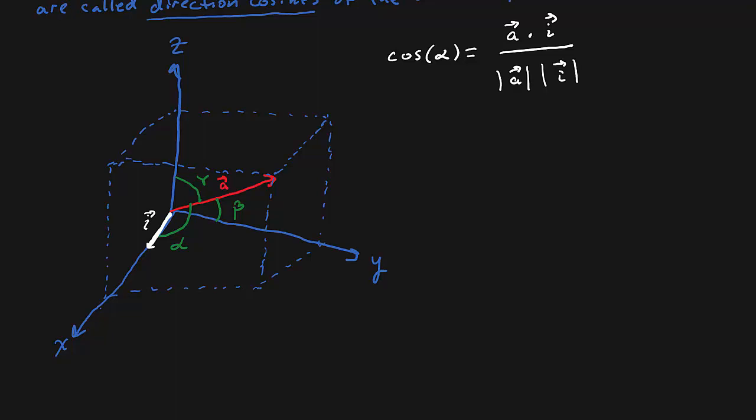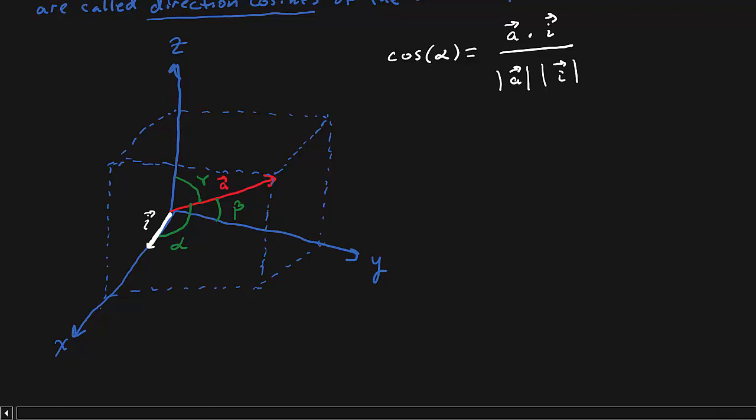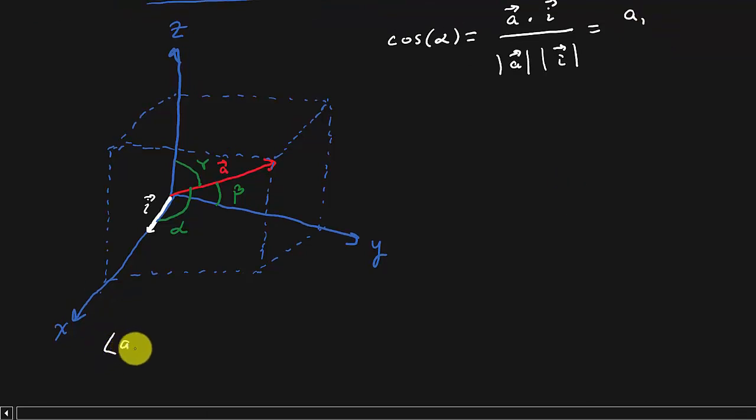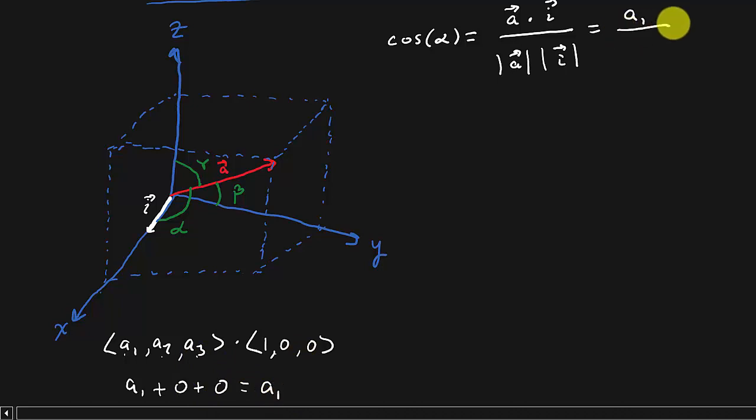I just want you to understand what the dot product here is. A1, right? So think about this. Vector A is A1, A2, A3, and I'm going to do the dot product with this. So it's A1 times 1 is A1, plus A2 times 0, plus A3 times 0, which is A1.